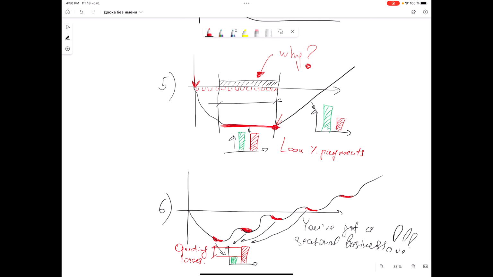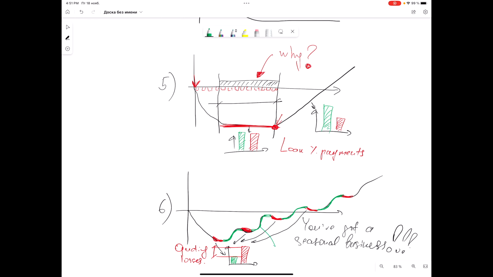And you need to know this information about your business idea, because during these periods you will have losses, and during these periods you will get profits.